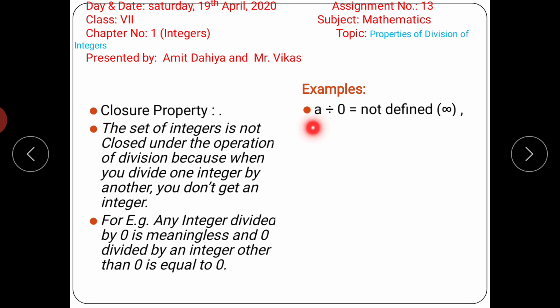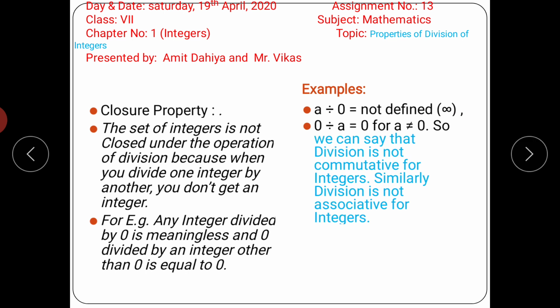So a divided by 0 is not defined or infinite, while 0 divided by a is equal to 0 for a not equal to 0. So division is not commutative for integers. Similarly, division is not associative for integers, and division is not closed for integers. What do you mean by commutative? If we reverse the order, a divided by b is not equal to b divided by a.